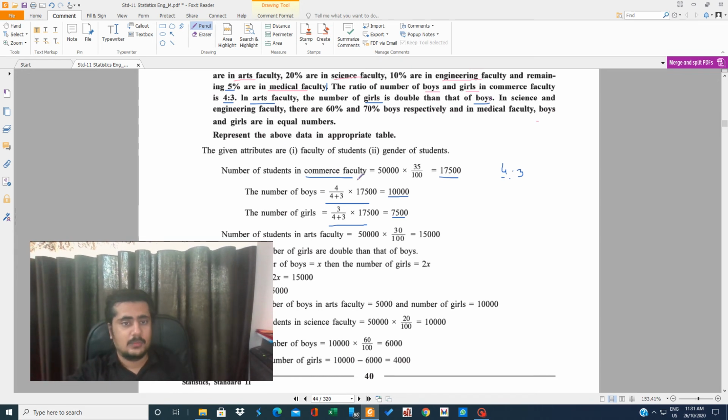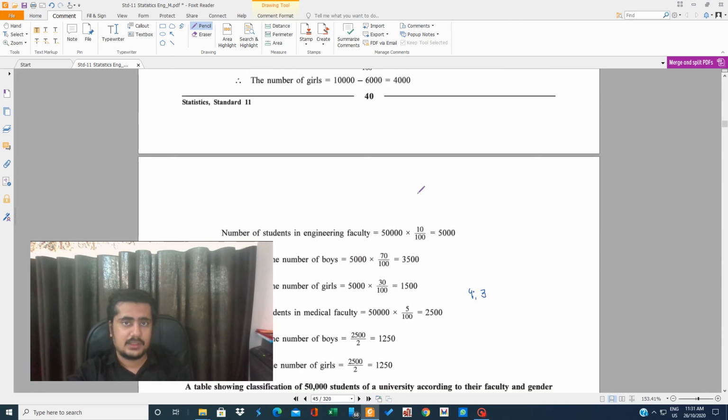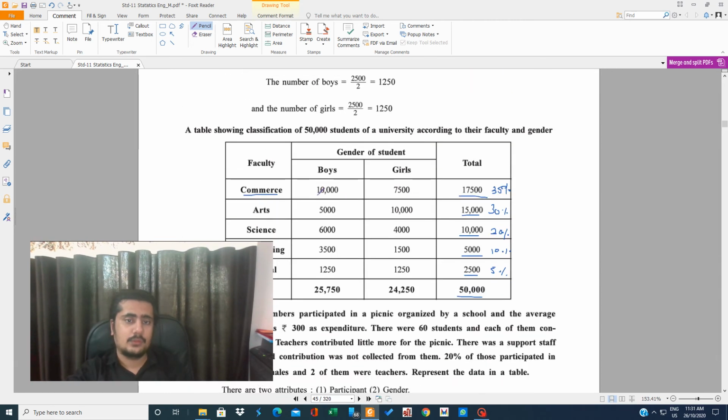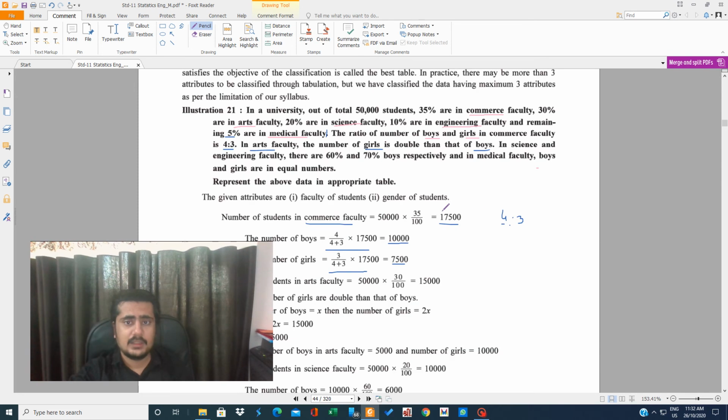In commerce we have solved it with 4 is to 3, so we did 17,500 into 4 upon 7 and 17,500 into 3 upon 7. The answer was 10,000 and 7,500, so we put this answer here. Commerce we have solved. Now we jump to the arts. In arts there are a total of 15,000 students. Now see here.